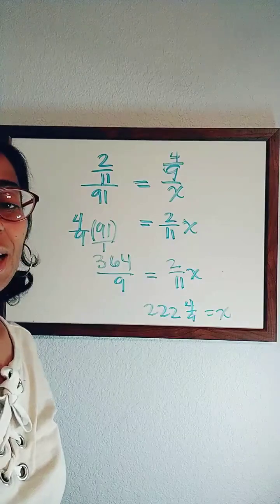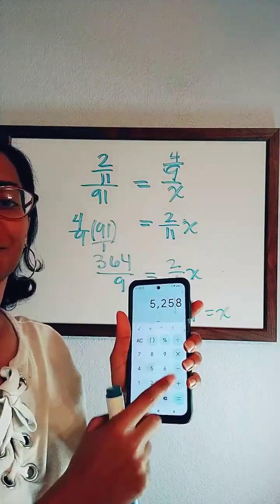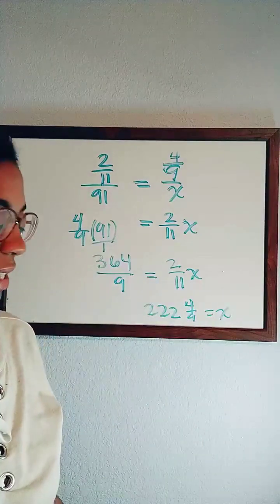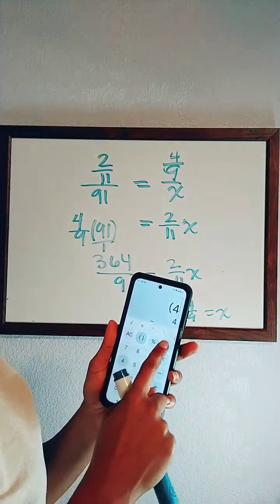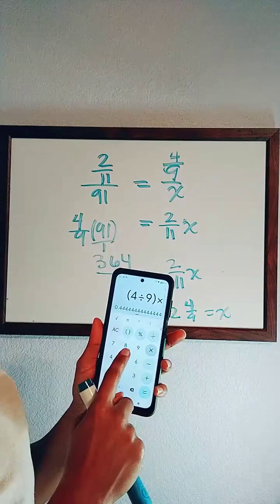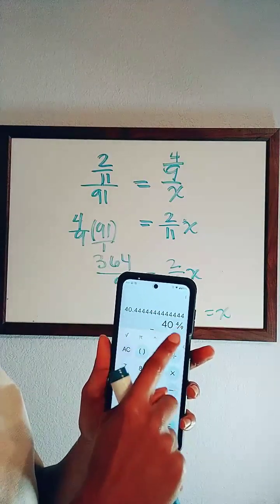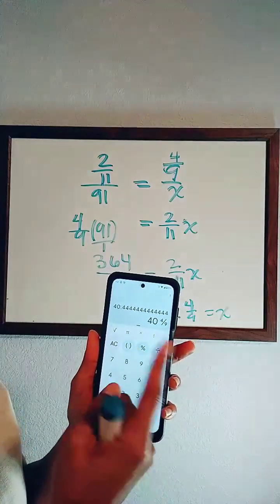That's why I said I would be calculating all day on my calculator. I wouldn't be stressing myself out. Because that's exactly what I did. I did 4 divided by 9 times 91, and it gave me 40 4/9. So I just went ahead and turned that into an improper fraction. So I did 9 times 40 plus 4.